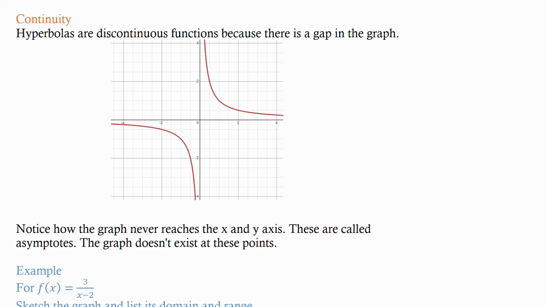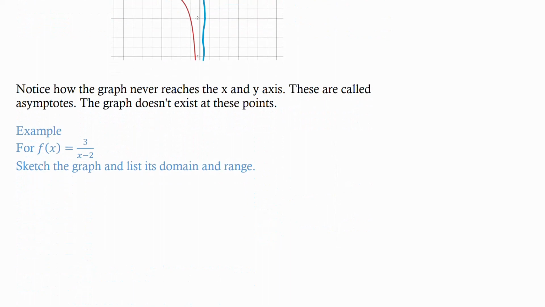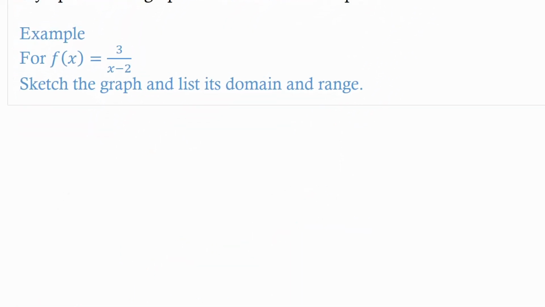Now, those invisible lines that I drew, so in our case, the x-axis here in blue and the y-axis here in blue, if they were straight lines, not little curves, they are what we call asymptotes. All right, so an asymptote is a line or a value that the graph never reaches, or it doesn't exist at those points.